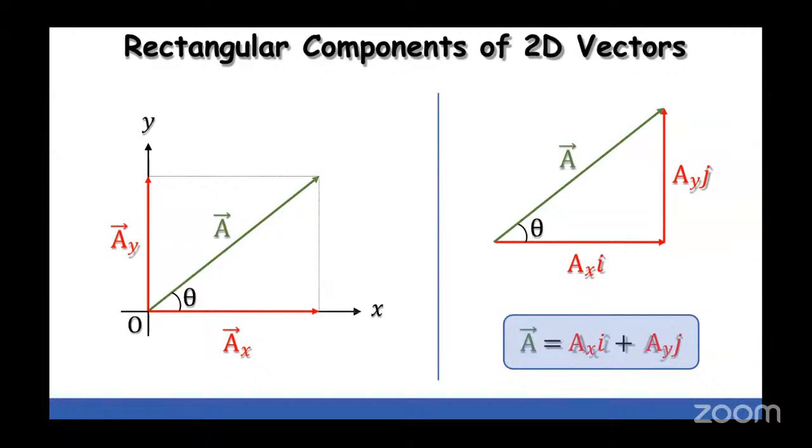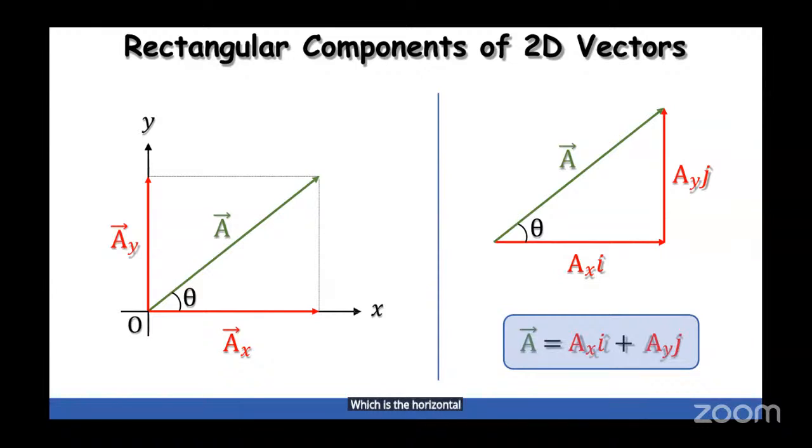So here we have 2D vectors, vector A, that is two vectors, one along the y-axis, which is the vertical axis, and the other vector along the x-axis, which is the horizontal axis.